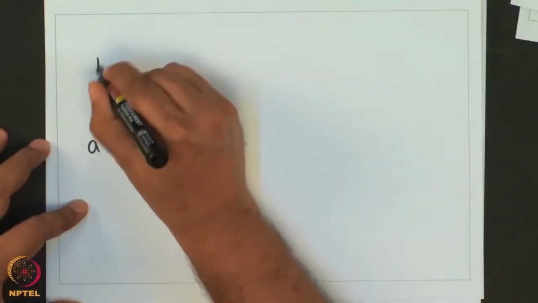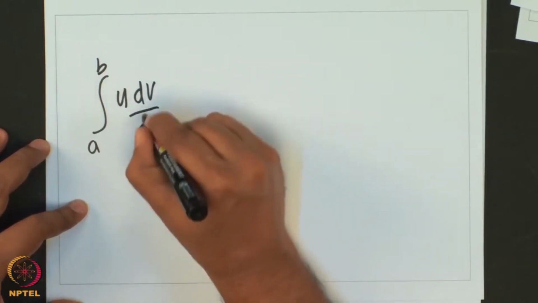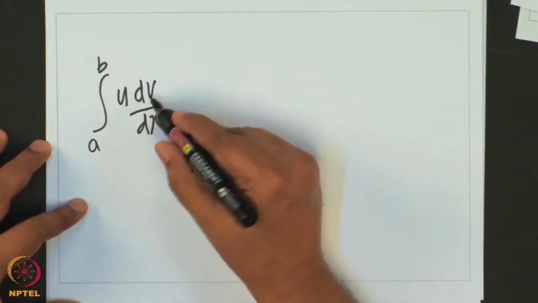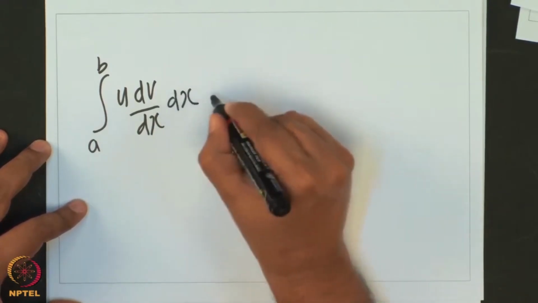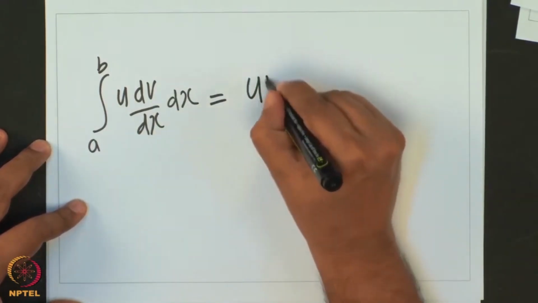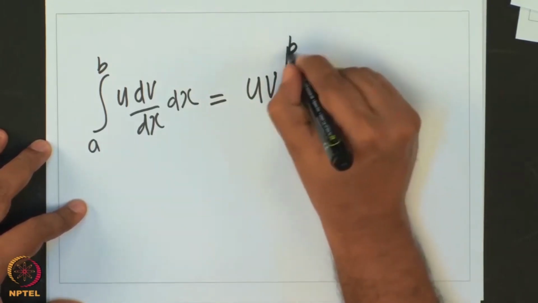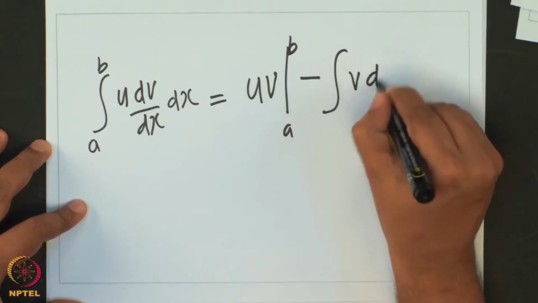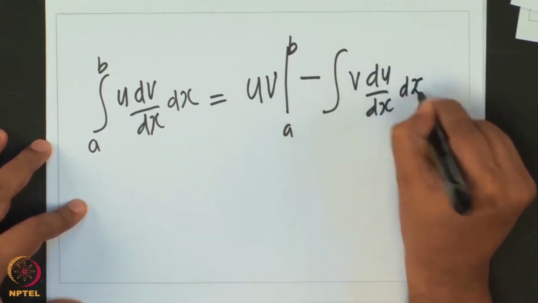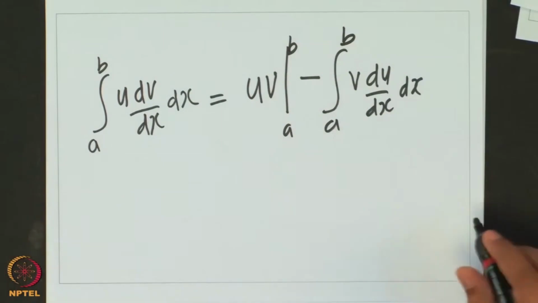The important formula I would want to summarize is that the integral from a to b of u dv by dx dx, where I have a function u and another function which is the derivative of some function v, is nothing but u times v in the limit a to b, minus the integral from a to b of v du by dx dx.